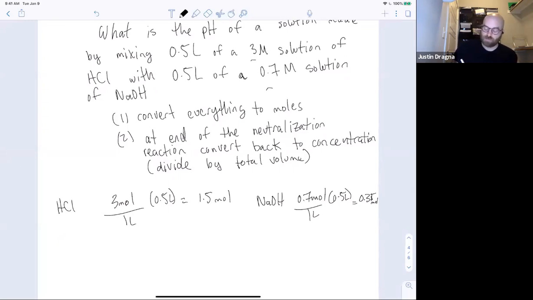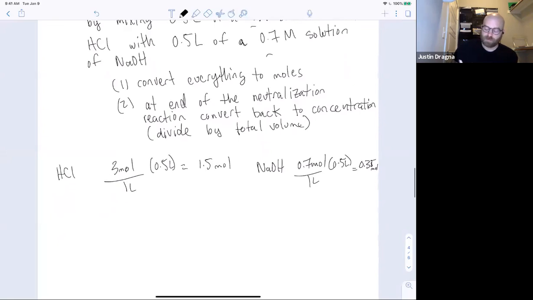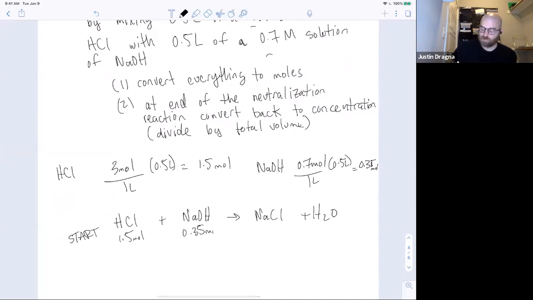In the end, what you should find is that you form... well, I'll write it out instead of just saying that. You'd say, okay, start with 1.5 moles of this and 0.35 moles of this.